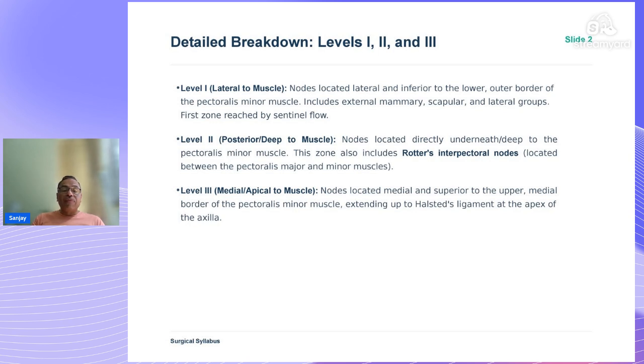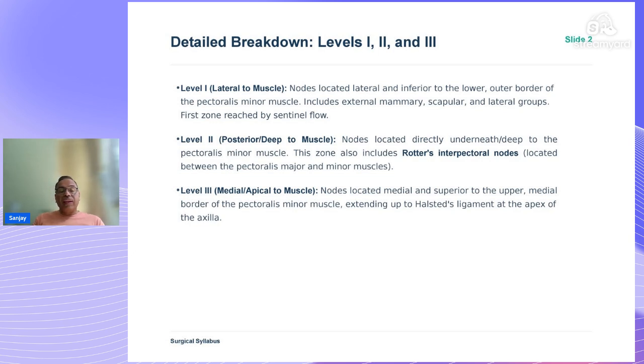This is the first zone which is reached by sentinel flow. What is level 2? Level 2 is posterior to, or deep to, the pectoralis minor muscle. These are located directly underneath or deep or posterior to the pectoralis minor muscle. And this zone also includes the Rotter's interpectoral nodes, which are located between the pectoralis major and minor muscle.